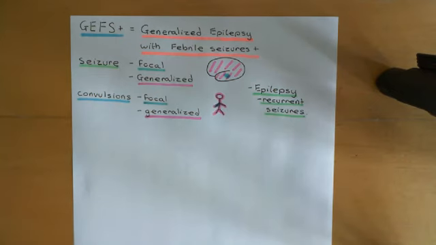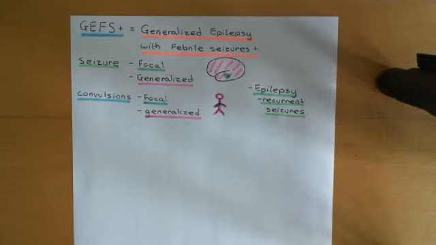We'll see an example of how you can get recurrent seizures in generalised epilepsy with febrile seizures plus. So, coming back to what happens in generalised epilepsy with febrile seizures plus, I've said that this is caused by germline mutation. But there are different proteins you could have germline mutations in, which would all cause generalized epilepsy with febrile seizures plus.